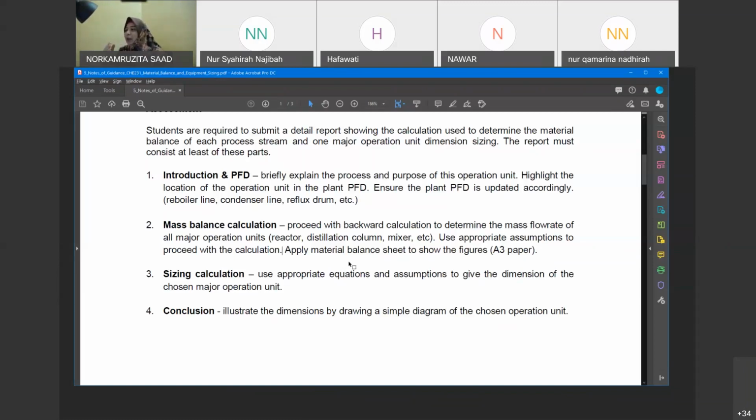Okay, tambah trade. Tapi tambah trade is too much. So this time, bila you nak buat dimension of your unit, you kena be logic. So you find the information, how tall is the column should be in the industry.